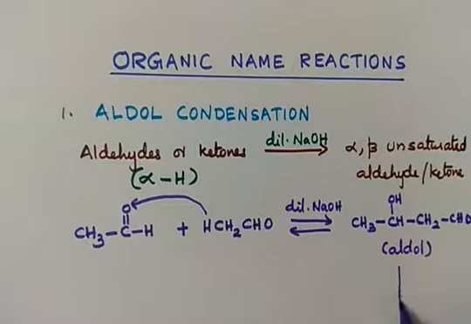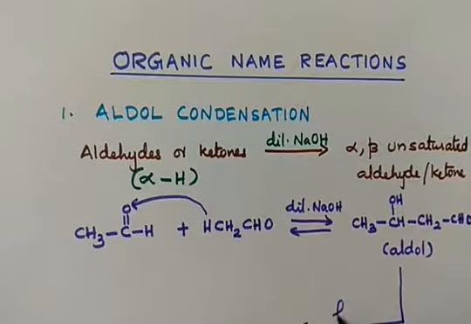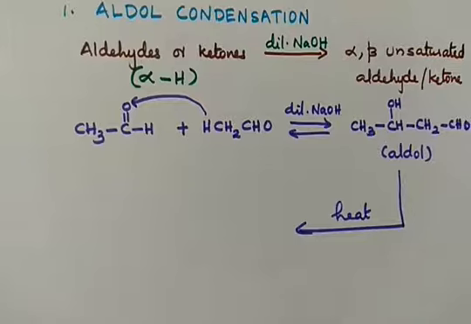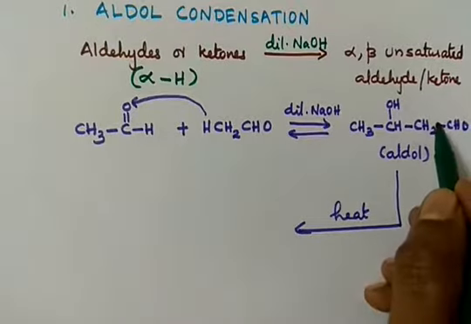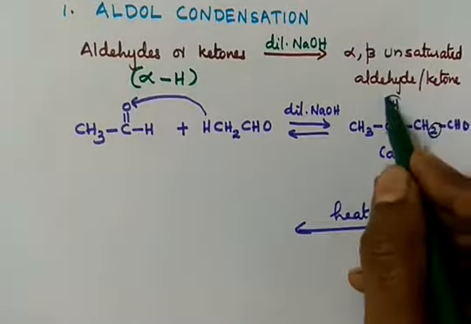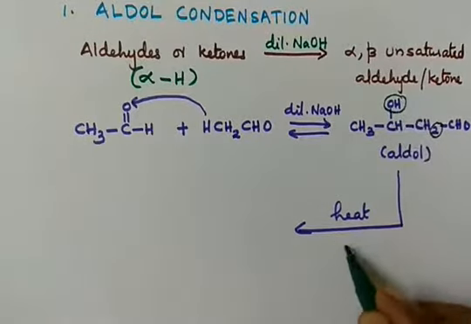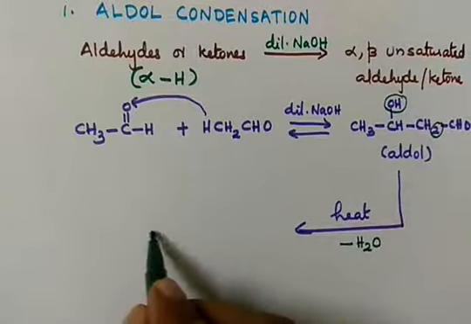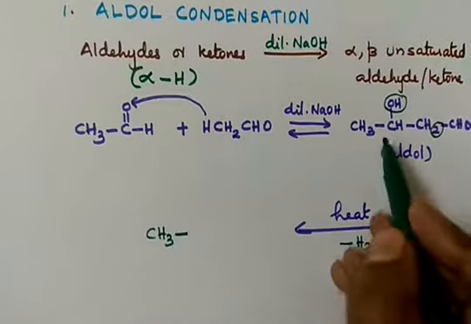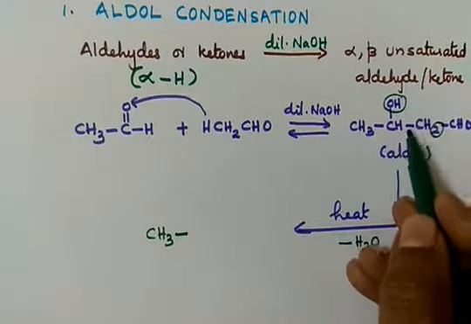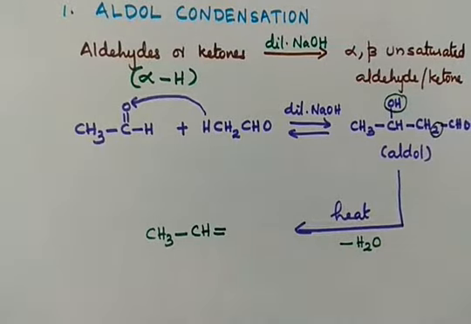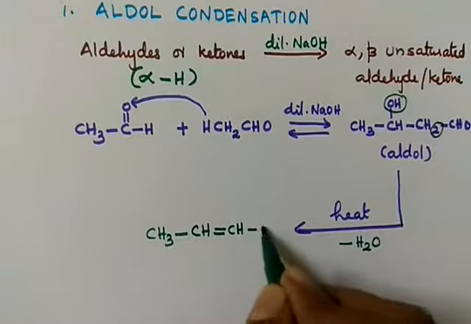And when this aldol is heated, on heating, it loses a water molecule. From here hydrogen, and from here OH is eliminated as water, H2O, and the product will be CH3CH double bond CHCHO.